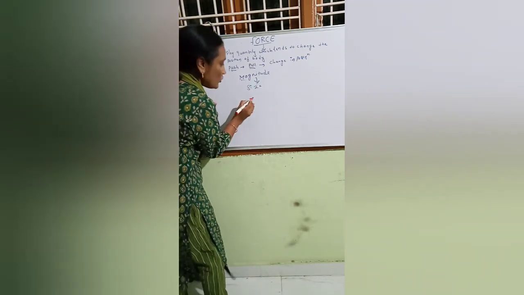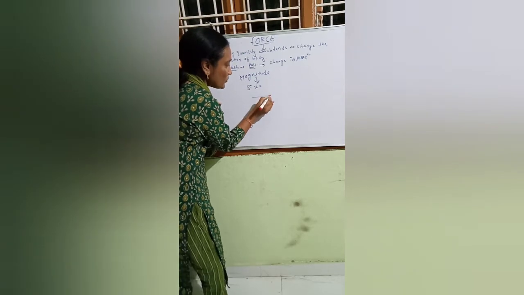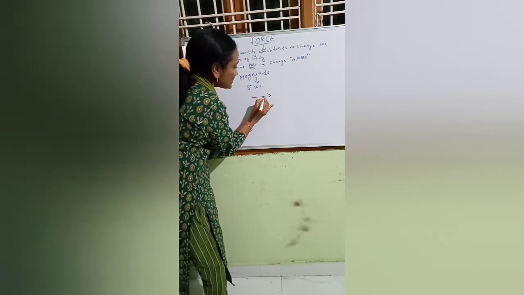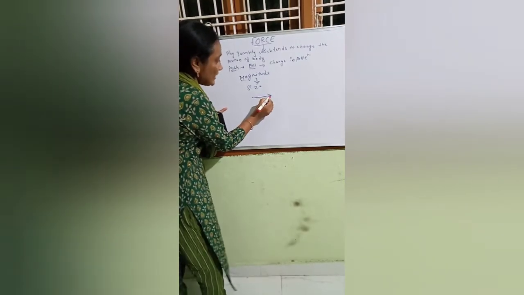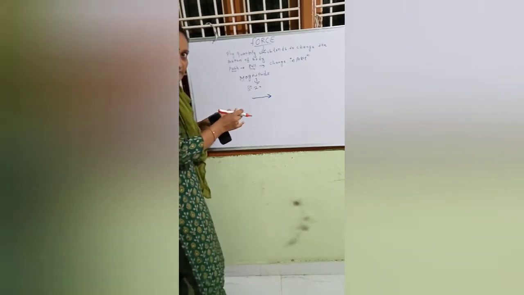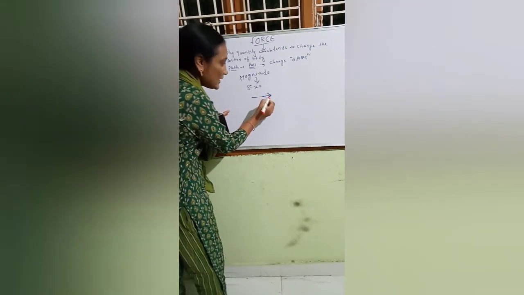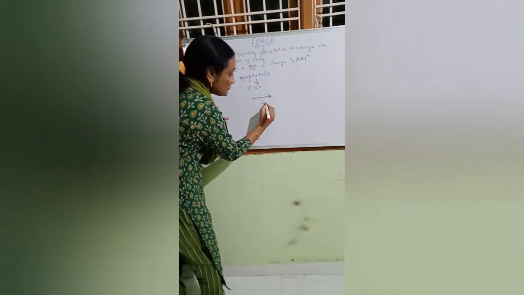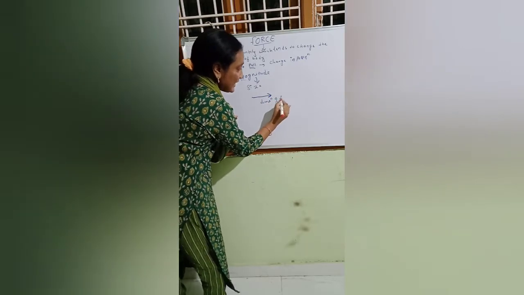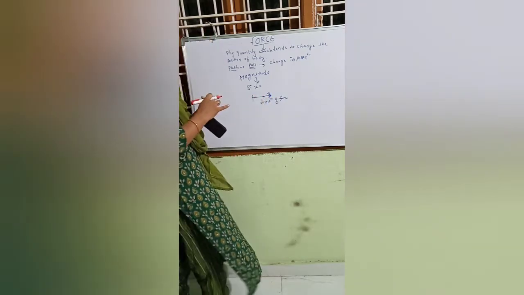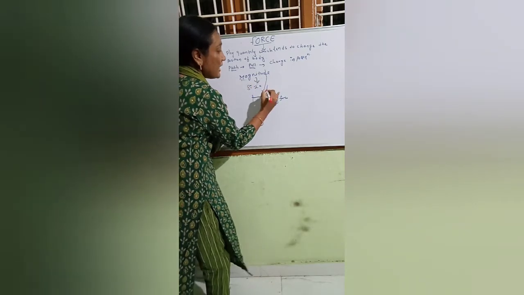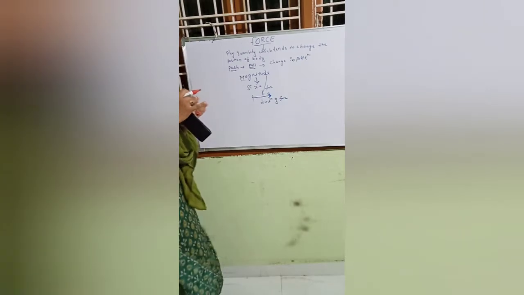To explain the force, we show in which direction the force is moving by a line segment, and we draw an arrowhead to that straight line. This arrowhead indicates the direction of force. And the length of this line segment gives the magnitude of the force.